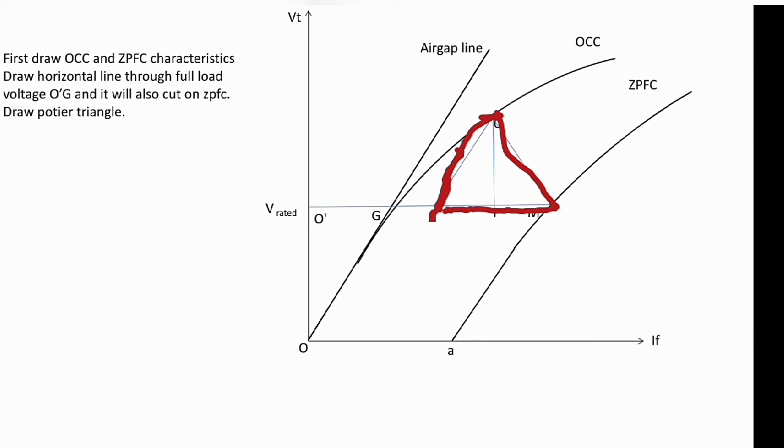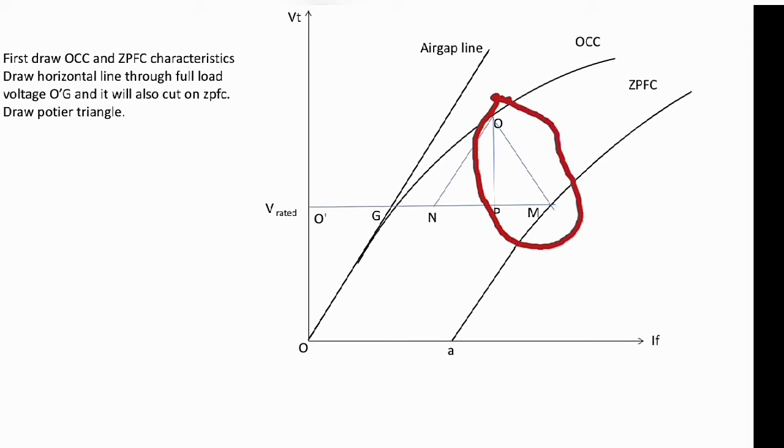But the Potier triangle is a different thing. When we drop a perpendicular from O to MN, then OPM is called the Potier triangle.